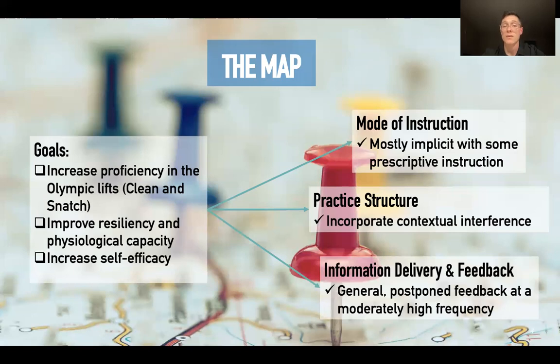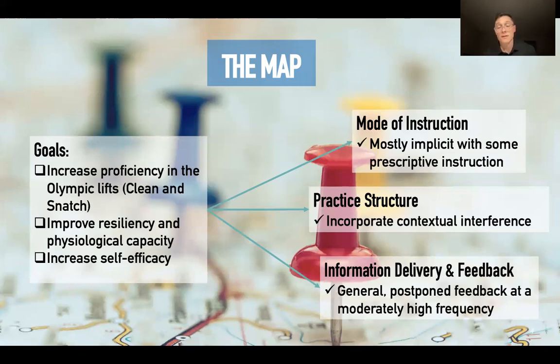But long term, it's going to provide context for different scenarios, and it's going to help Danny retain the lessons and the skills that he's learning throughout our practice sessions. So contextual interference is going to be our main model in terms of practice structure.